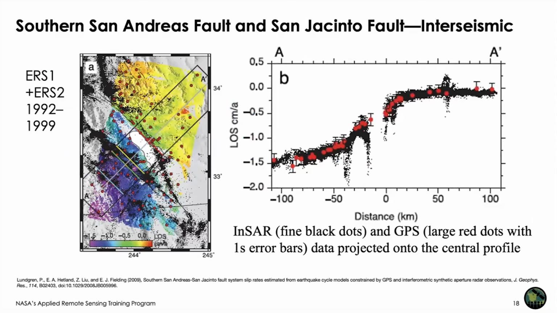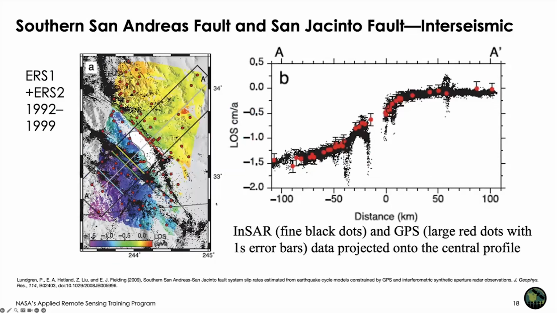So I'm just going to give some quick examples of how InSAR measures these different parts of the earthquake cycle. This is an example of interseismic deformation on the southern part of the San Andreas Fault, near the Salton Sea in Southern California.